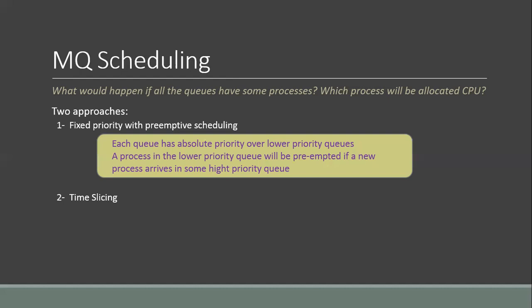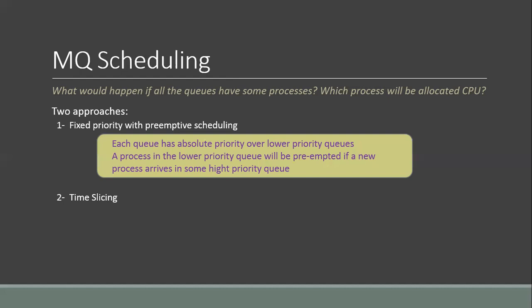And while this process is running, suppose a process arrives in the high priority queue, that is the foreground queue. So if this is the case, then the process from the background queue will be preempted because the foreground process has higher priority as compared to the background process.